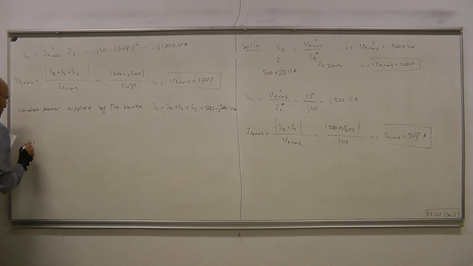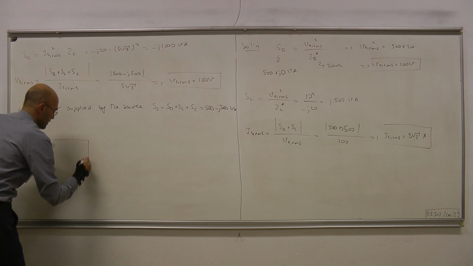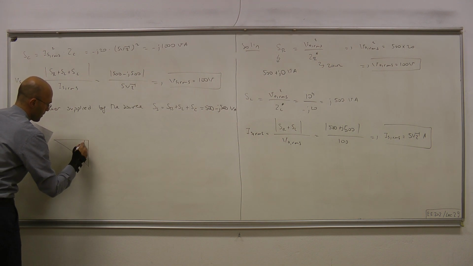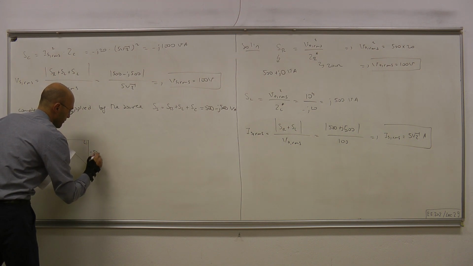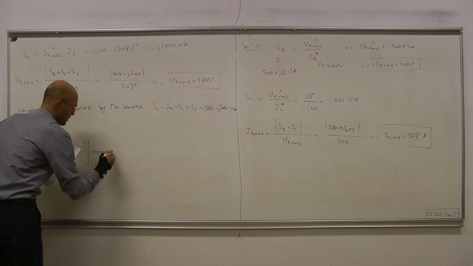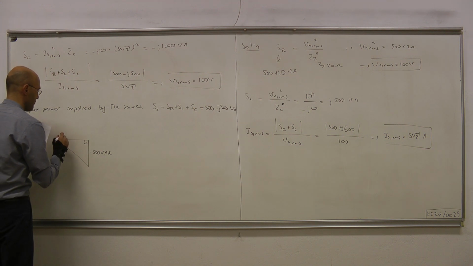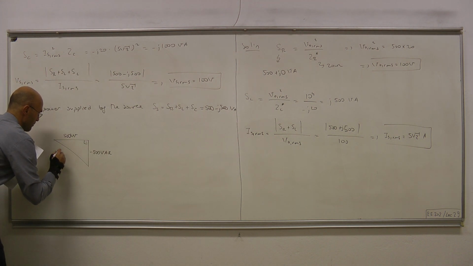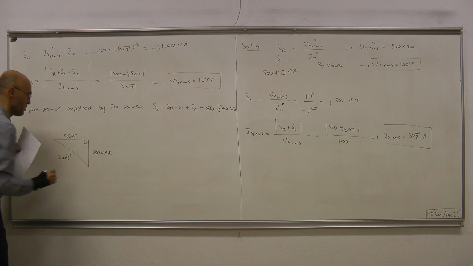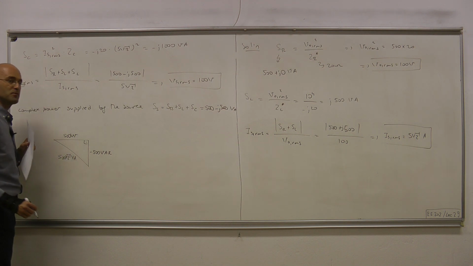So that means we have the following power triangle. Here we have minus 500 volt amp reactive. Here we have 500 watts representing the real power. And this hypotenuse is 500 square root of 2, that's the apparent power, units volt amps.